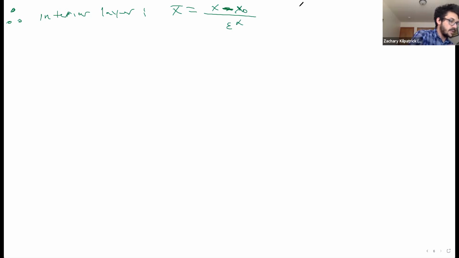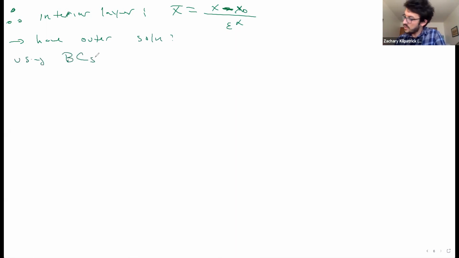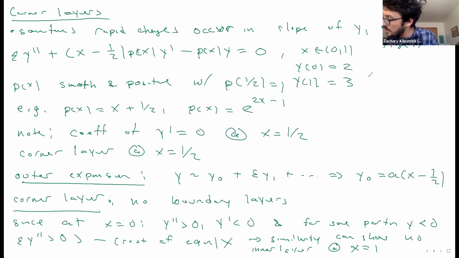Okay. Well, let's kind of collect what we have for now, right? We have our outer solution, and that's going to be using our boundary conditions. If I just go back to our boundary conditions here, right? Okay. I can figure out what these coefficients have to be, right?